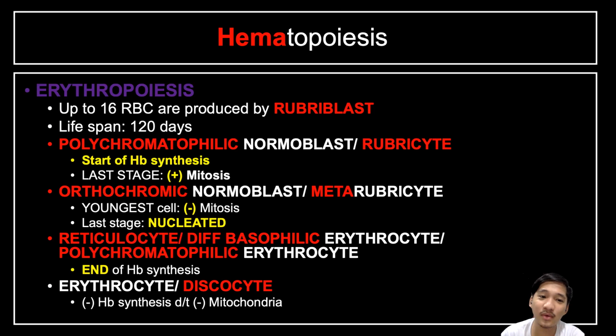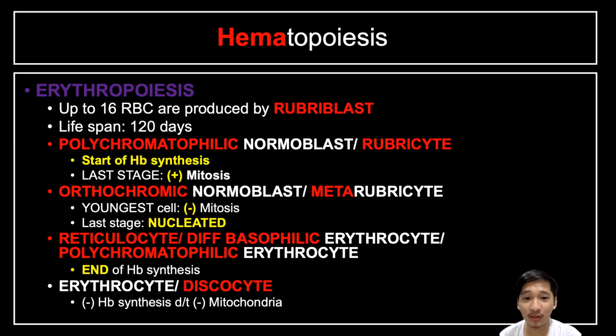So the question now is, what is the normal lifespan of an RBC? It is usually 120 days, or equivalent to 2 to 3 months. That is why our hemoglobin A1C measures the previous 2 to 3 months of our blood sugar.